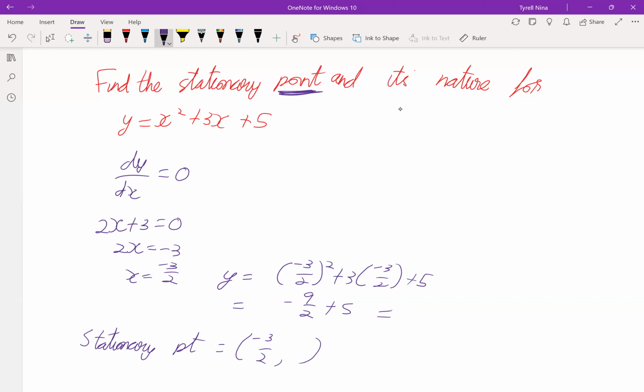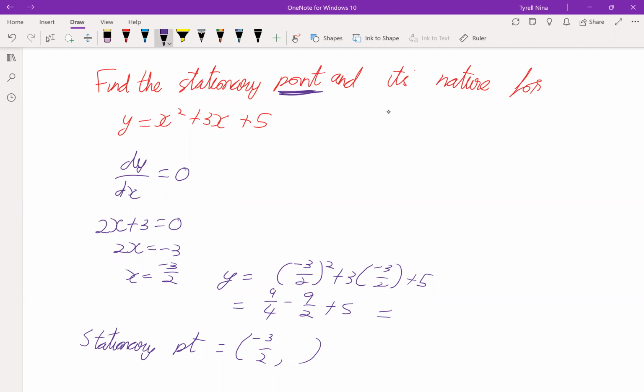I was doing d2y over dx2 already. 9 over 4 minus 9 over 2 plus 5, which is 9 over 4 minus 9 over 4 plus 5. Yeah, it's 9 over 4. Nah, they're correct. Right?